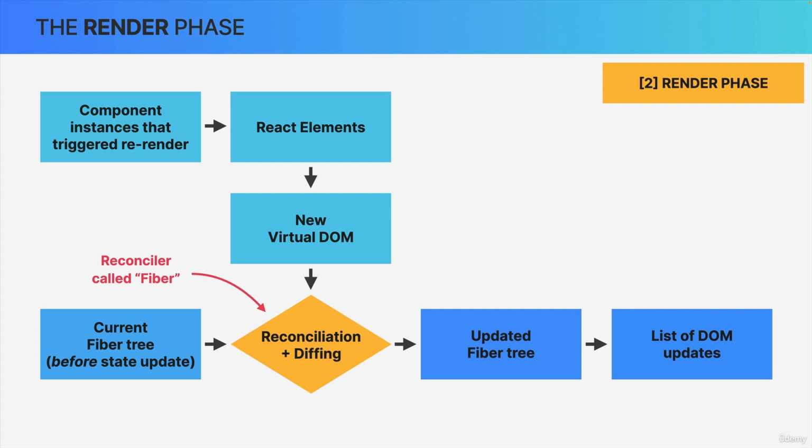So React still hasn't written anything to the DOM yet, but it has figured out this so-called list of effects. So this is the final result of the render phase, as it includes the DOM operations that will finally be made in the commit phase, which is the topic of our next video. So if you don't want to break the flow, then let's move on there right now.